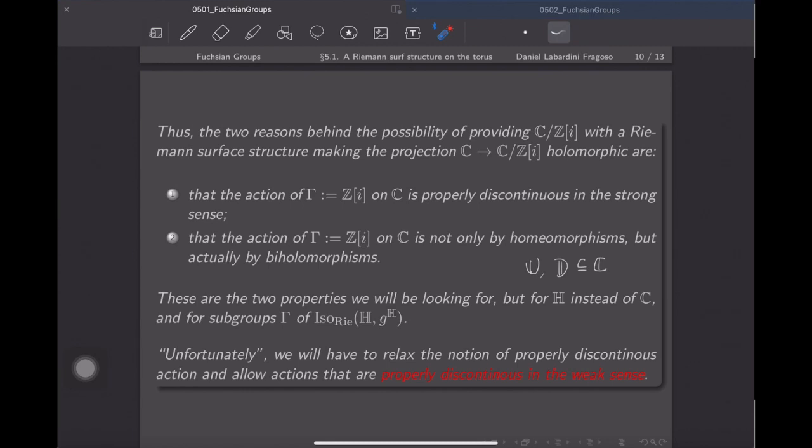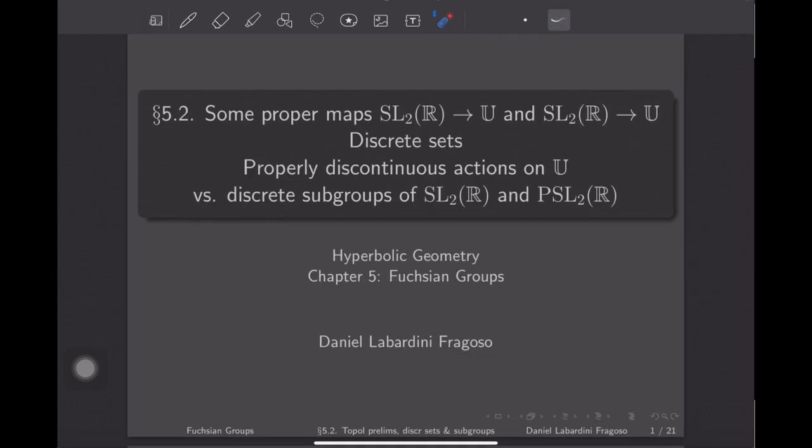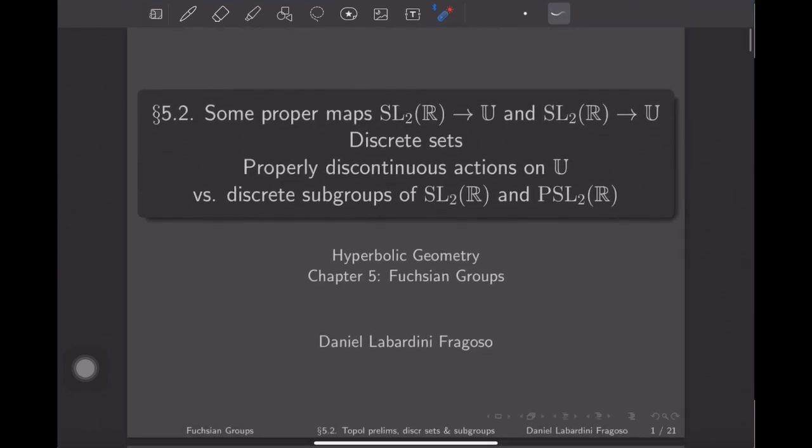So the really hard property is to find this proper discontinuity, and so that's the kind of actions that we are going to be looking for. As a preparation, I'm going to discuss some proper maps and some general properties of discrete subsets of the upper half plane.